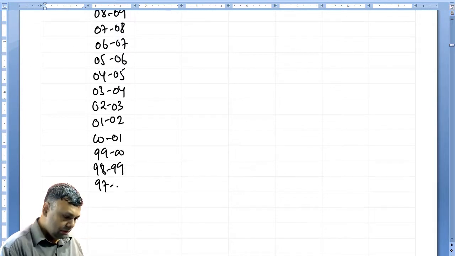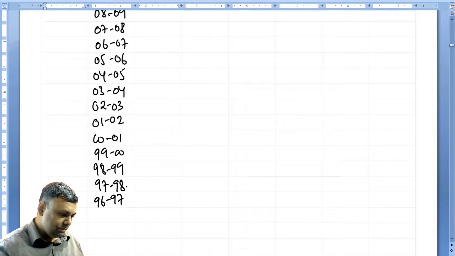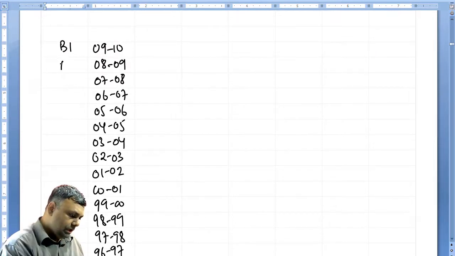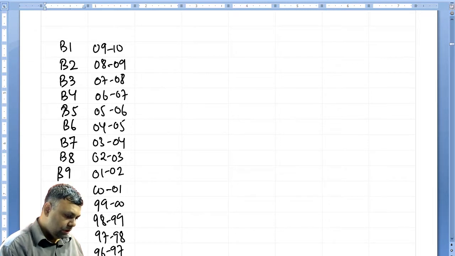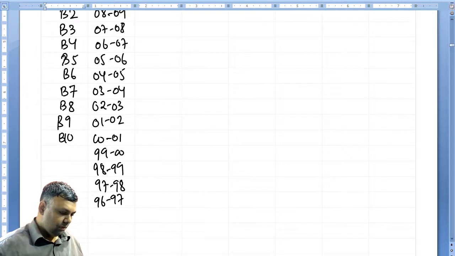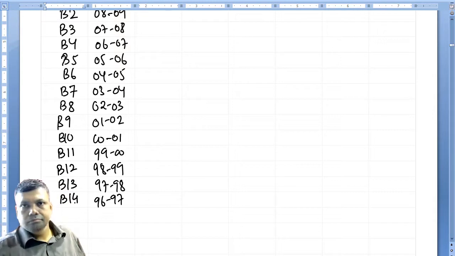then 97, 98, then 96, 97. Whatever year's data has been printed, I will just say before year 2, before year 3, before year 4, before year 5, before year 6, before year 7, before year 8, before year 9, before year 10, before 11, before 12, before 13, before 14.